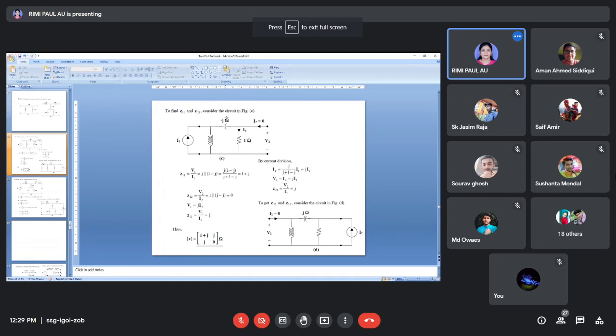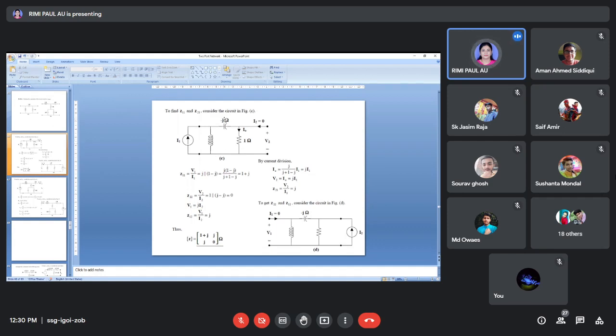So either you can find out the equivalent impedance, so V1 by equivalent impedance, you will get current I1, or you can find out V1 by I1, that is equal to the equivalent impedance, that is equal to Z11. So what is this parallel? These two, 1 minus j are in series, and these are parallel. So 1 minus j parallel j. So this is our Z11.